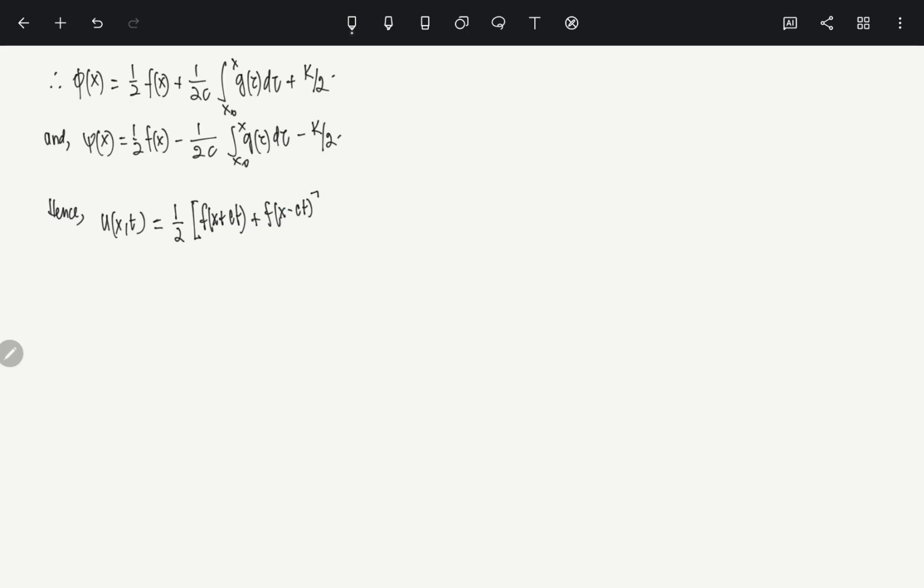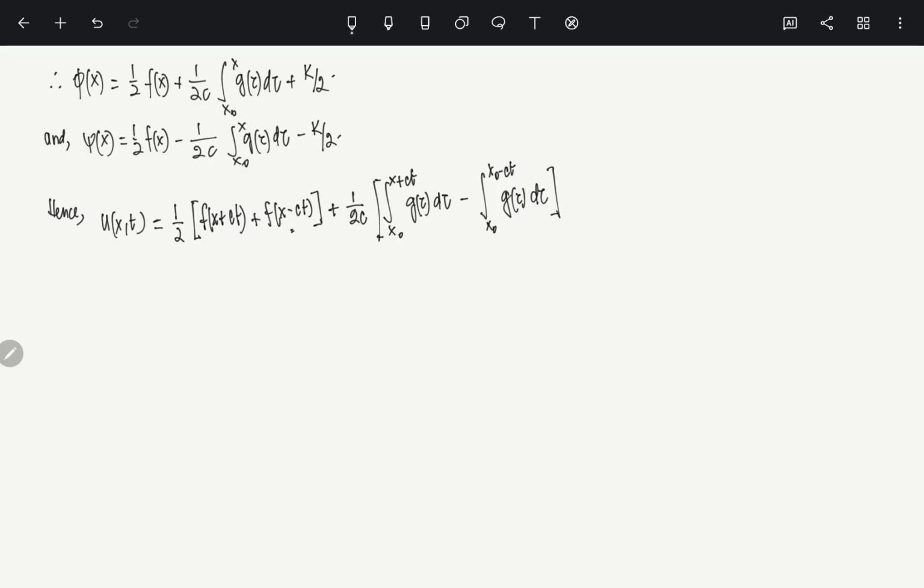Yeah, I think you have seen this thing. You remember last part we had a similar sort of thing, which was a separation of variables. Plus 1 by 2c times the integral from x naught to x plus ct of g of tau d tau, minus the integral from x naught to x minus ct of g of tau d tau. Is this okay?